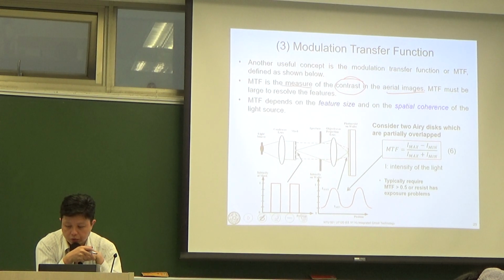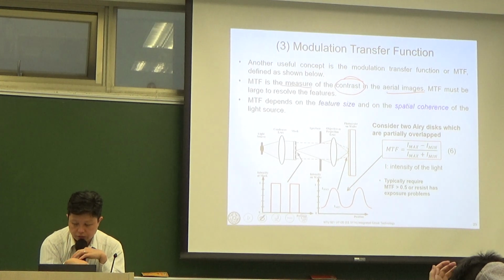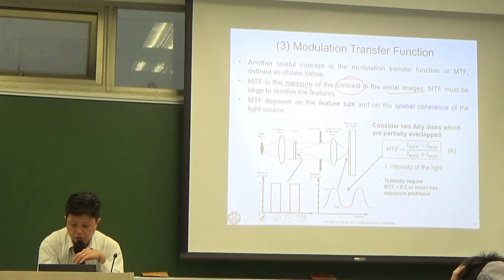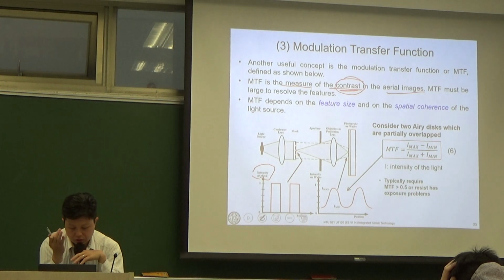Right? But in practice, there's a diffraction effect, and so it measures the contrast. Let me use this figure to explain this. This is the light intensity just after the light passes through the mask.